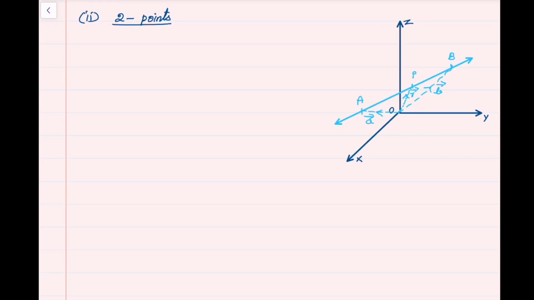Now A, P, B points are collinear. We know the collinearity condition of three points: vector AP is parallel to vector AB. If two vectors are parallel, we know that one can be written as a scalar multiple of the other.